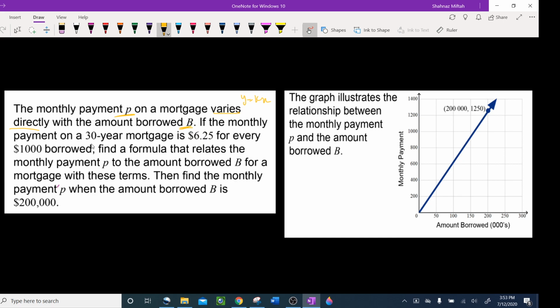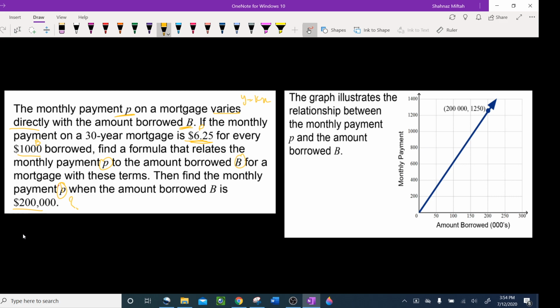If the monthly payment on a 30-year mortgage is this, for every $1,000 borrowed, find a formula that relates the monthly payment P to the amount borrowed b for a mortgage with these terms. Then find the monthly payment P when the amount borrowed is $200,000. Please read the question 2-3 times, understand each part of it, and then the third time try to underline the important stuff.